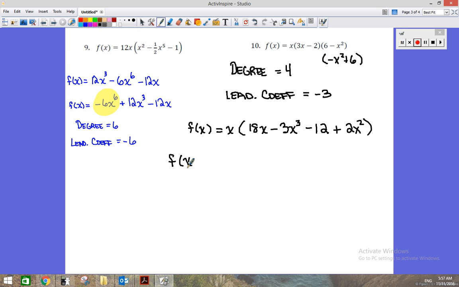If I distribute the x through, I have 18x squared minus 3x to the fourth minus 12x plus 2x cubed.